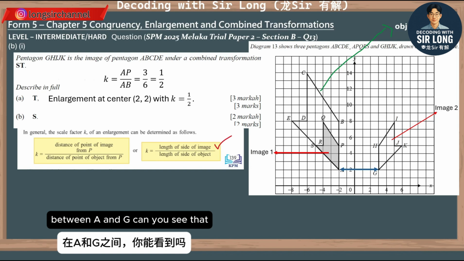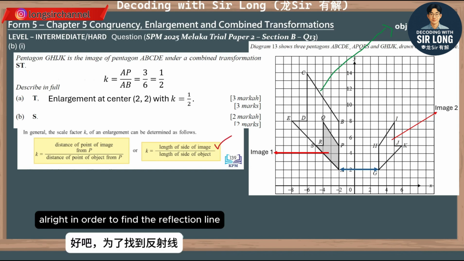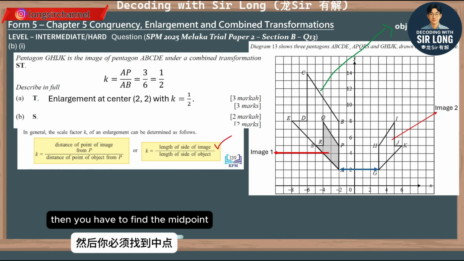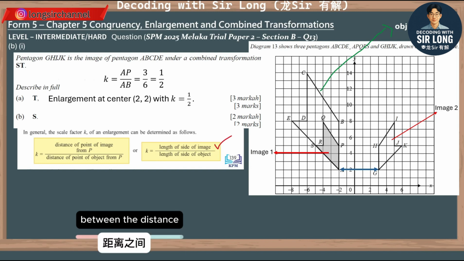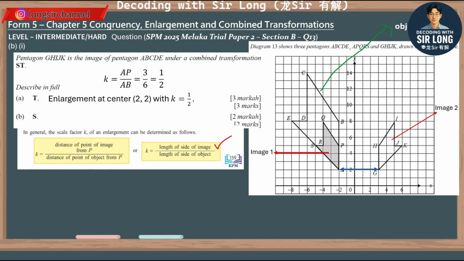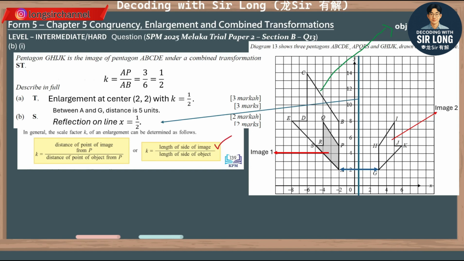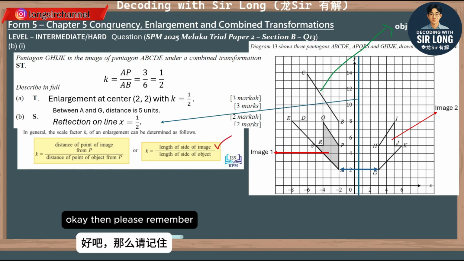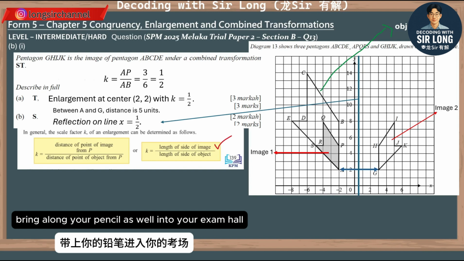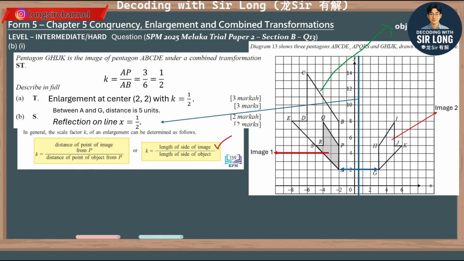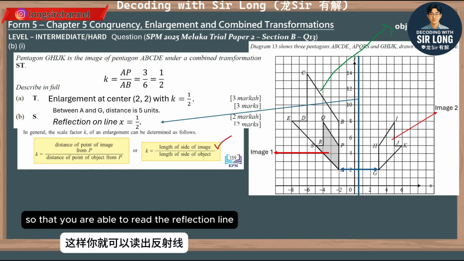Can you see that? Alright, in order to find the reflection line, we have to find the midpoint of the distance. And the midpoint must be here. Okay, then please remember, bring along your pencil into your exam hall, and draw the vertical line so that you are able to read the reflection line.